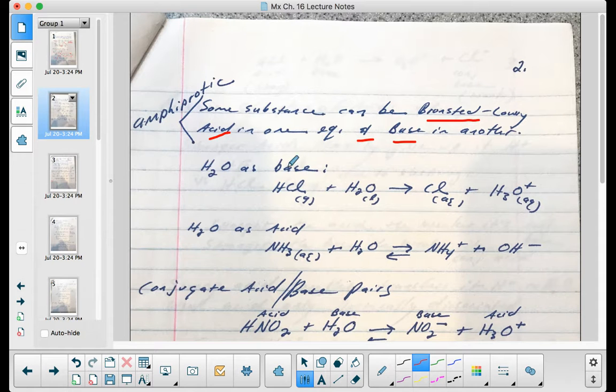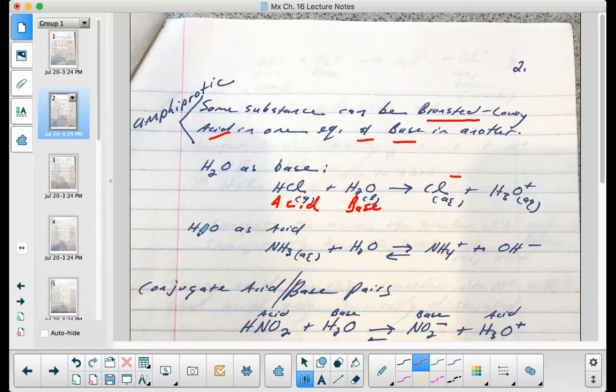As a base, water can react with hydrochloric acid to produce the chloride ion and the hydronium ion. So in this scenario, the HCl acts like the acid and the water acts like a base.